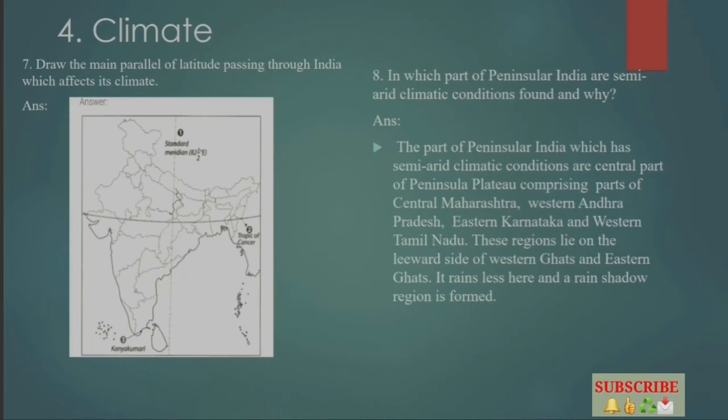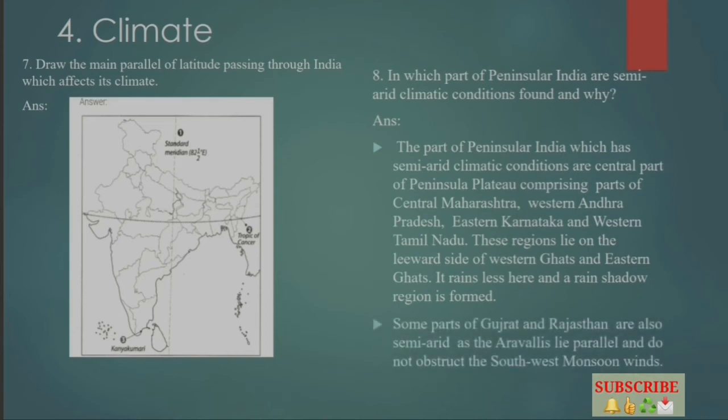These regions lie on the leeward side of the Western Ghats and Eastern Ghats. It rains less here and a rain shadow region is formed. Some parts of Gujarat and Rajasthan are also semi-arid as the Aravallis lie parallel and do not obstruct the southwest monsoon winds.